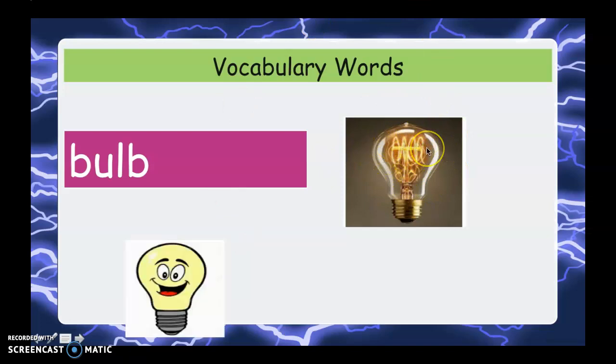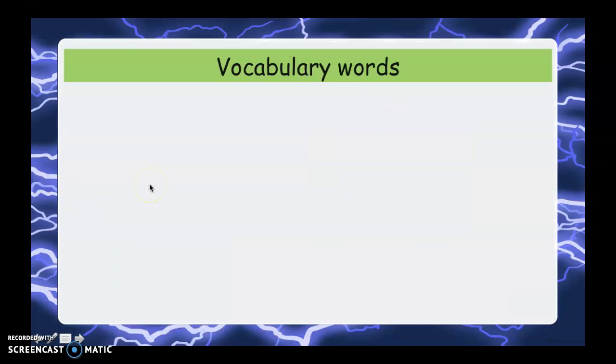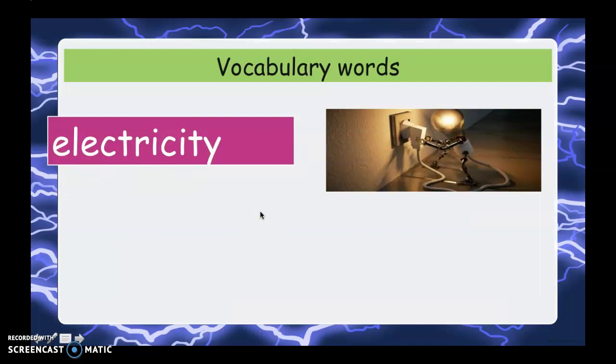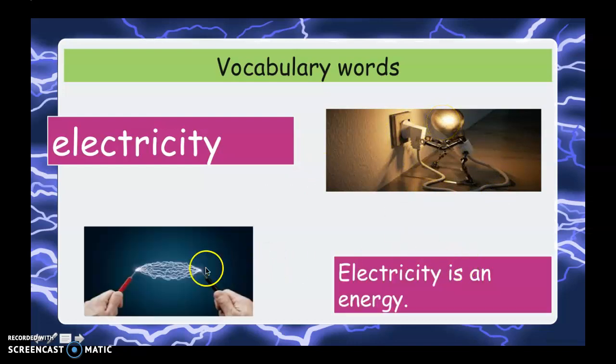This holds the light. The glass that holds the light, you call that a light bulb. Bulb. Next one, electricity. See this plug? You plug this in and then the light will come on. Electricity is an energy, power that goes through the wires.